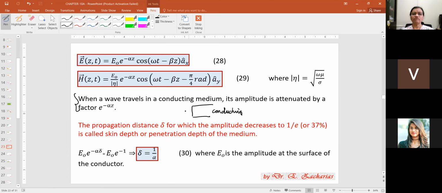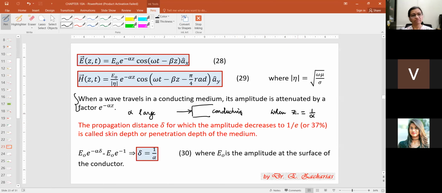When a wave is incident, alpha will be so large. For a conductor, the attenuation constant alpha will be large.